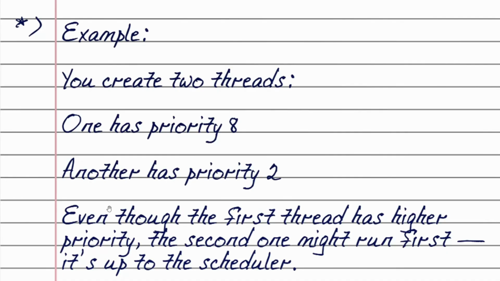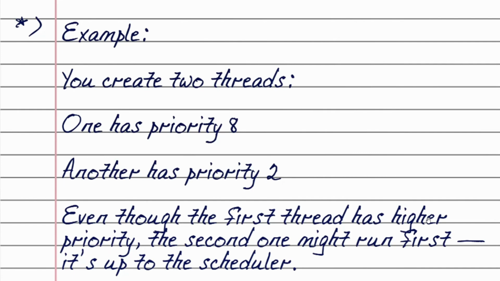But even though the first thread has the higher priority, the second thread might run first. It's completely up to the scheduler. So it might happen that the second one, which has the lowest priority, runs first, and after that the first thread will be executed.